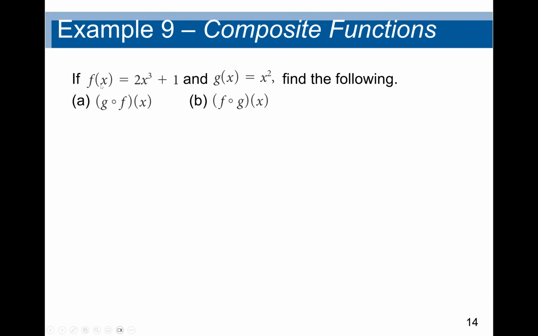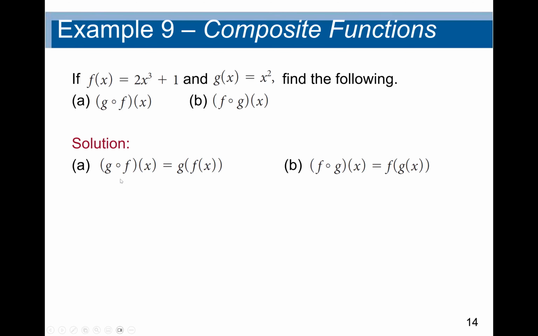So our example here is f at x equal to 2x cubed plus 1, and g at x equal to x squared. They say we should find the composite of g and f at x. So g composite f at x means f at x will be inside g. g here is x squared.